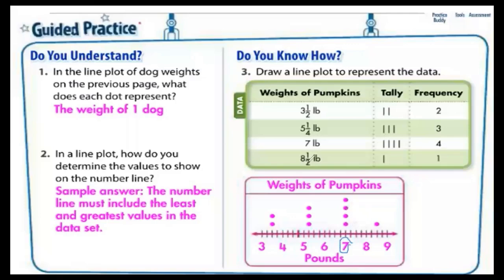Okay. What about 8.5? Sure, it's between 8 and 9 in the center of the distance. So this is the dash of 8. And we have 2 parts over. So here is 8 and a half, in this area, 8.5. Okay, so I'm going to represent it by 1 dot.